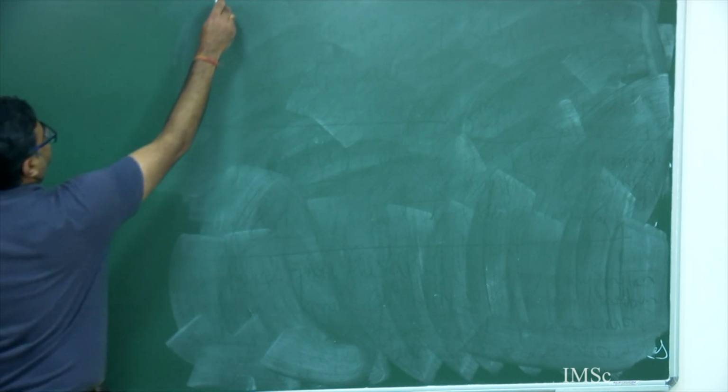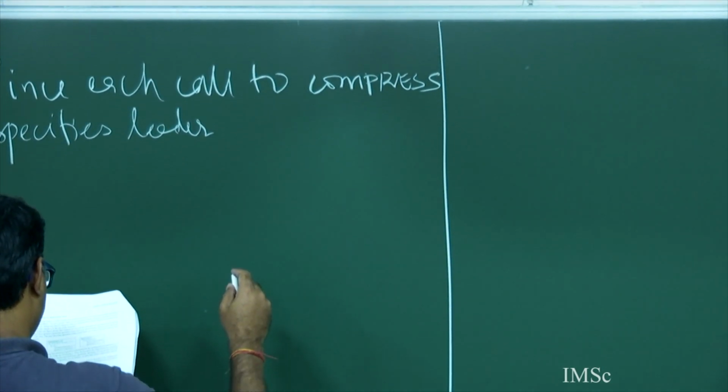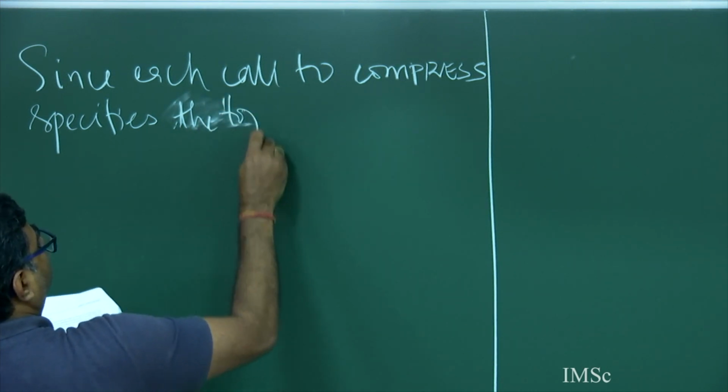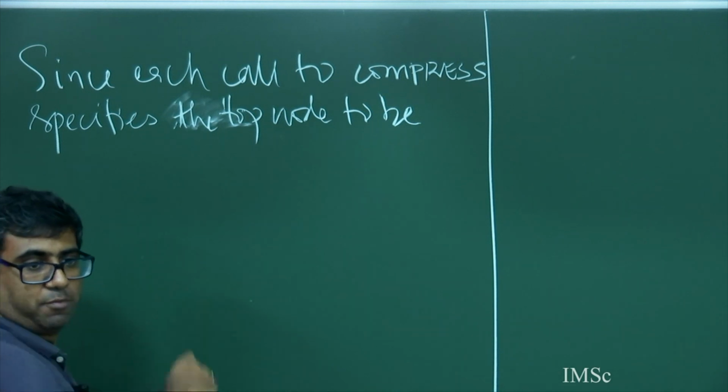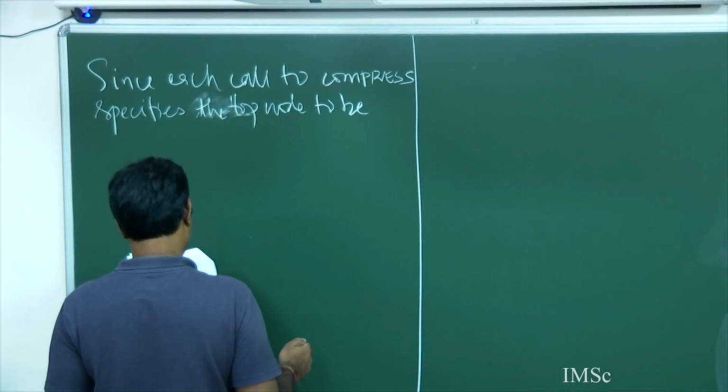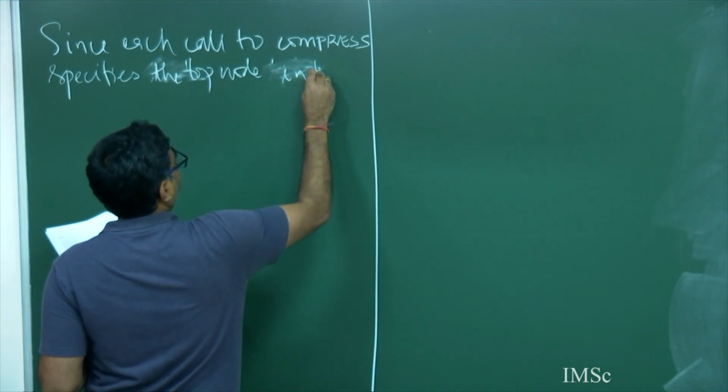Okay? So now what I'm going to assume is, since each call to compress specifies the root or the leader, each call to compress specifies the top node of the path to be compressed.